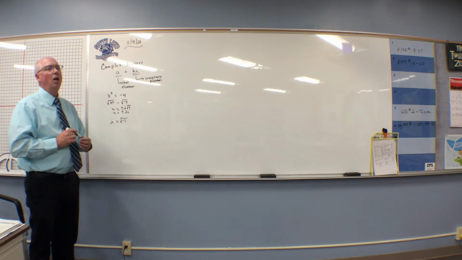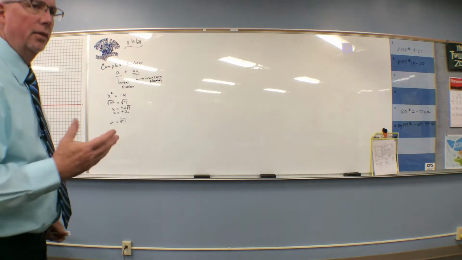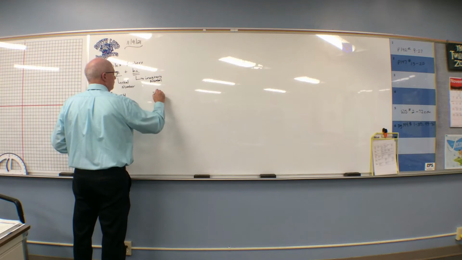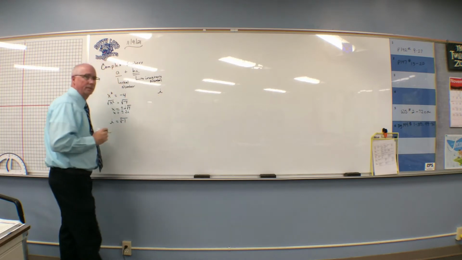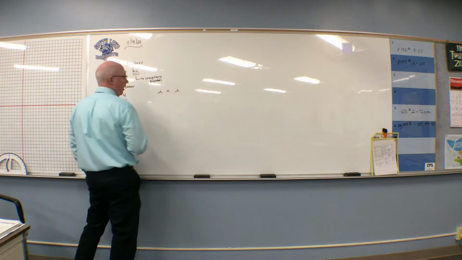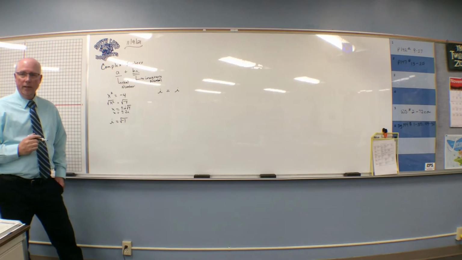And so we can put i in there. Everybody knows that we're dealing with a set of complex numbers. So i is the first one. I'm just going to say i equals i, and remember, i stands for the square root of -1. You need to know that.